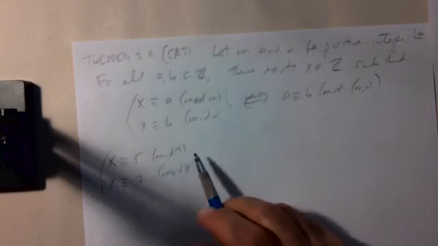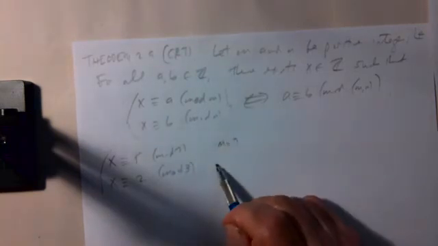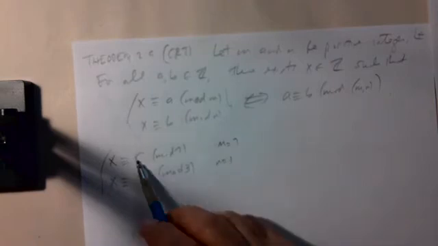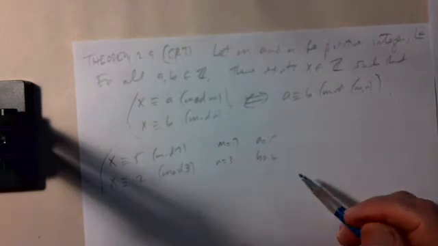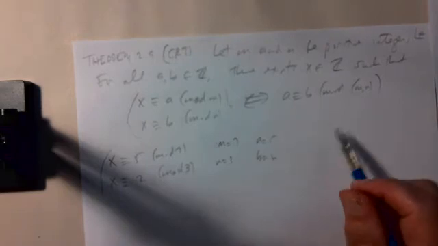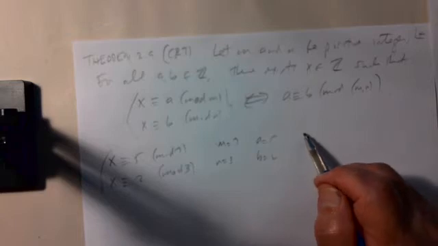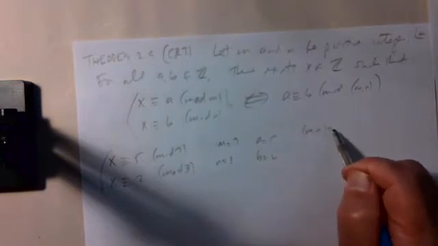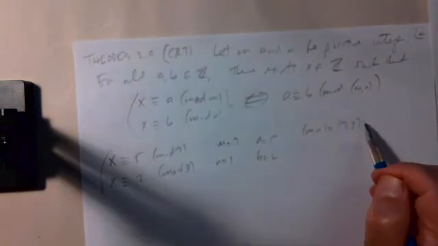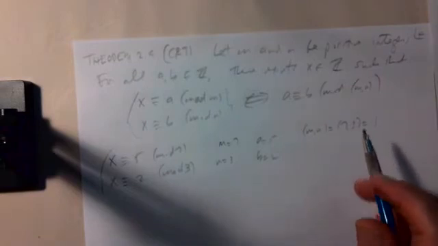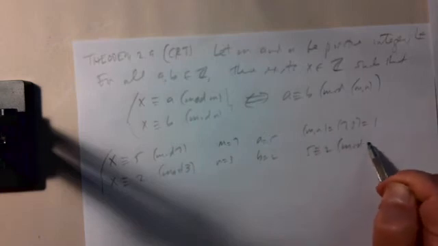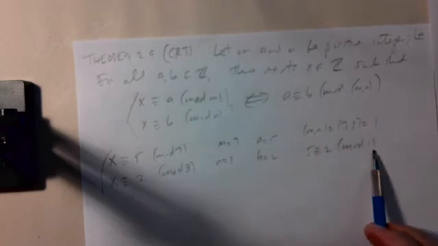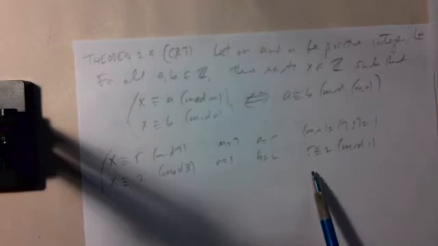So in this case, what are your moduli? m is 7, n is 3, a is 5, b is 2. And what is the greatest common divisor of m and n? That's the greatest common divisor of 7 and 3, which is 1. So a is congruent to b mod 1, because 1 divides every integer, so every number is congruent to every other number mod 1. So this has a solution.